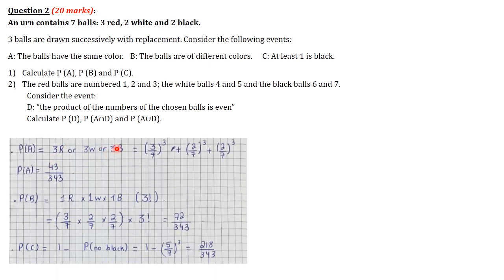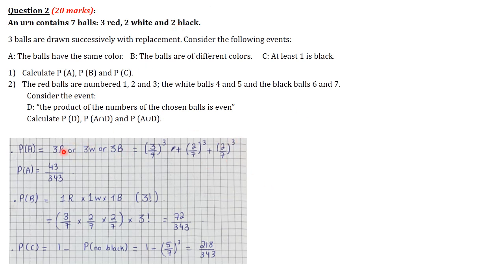So probability of A, which means the balls have the same color. So they are either 3 red, 3 white, or 3 black. So 3 red means the first one is red, the second one is red, and the third one is red, with repetition. So it's 3 over 7 to the power of 3. Why did I put 3 over 7? 3 out of 7 cubed.